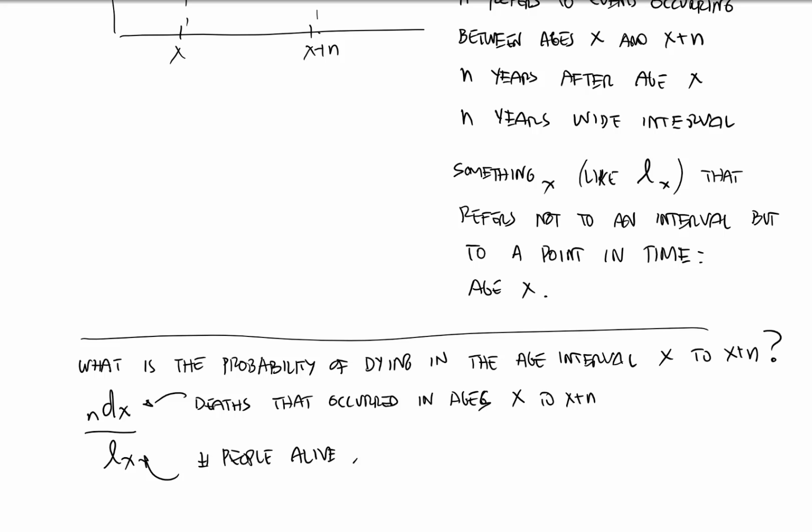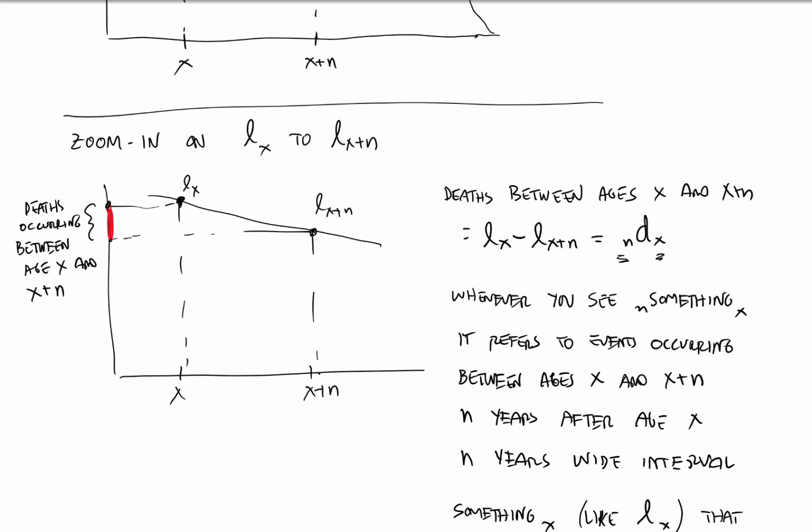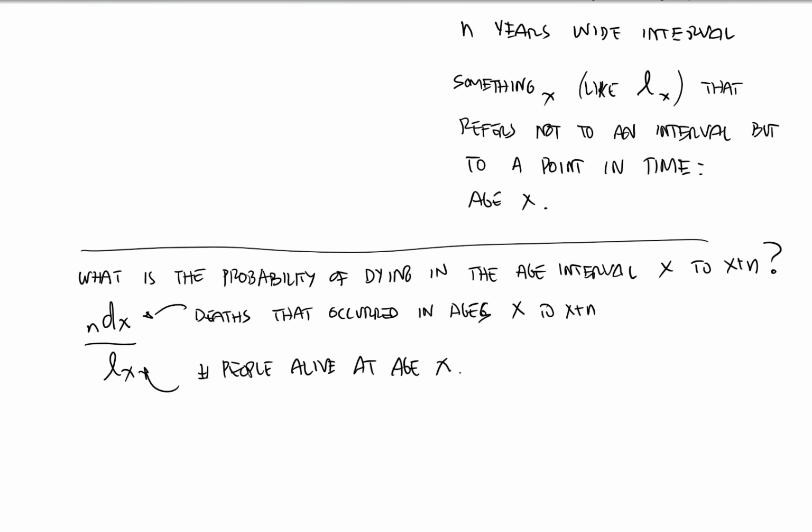alive at age x. So let's look at our picture again. We're going to take the difference between this is n d x, and we started off there. That's how many people were at risk of dying. We count that, and so that is going to be n d x divided by L x. This number is so important, we give it a particular name and symbol.